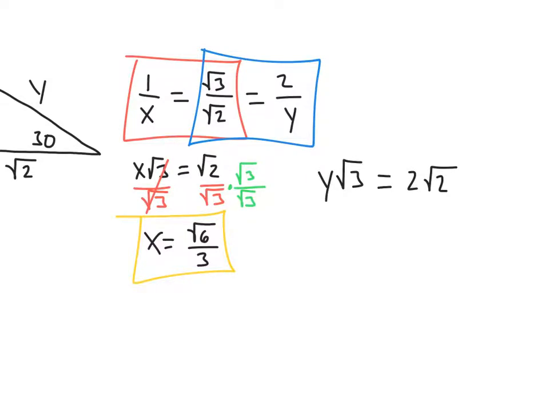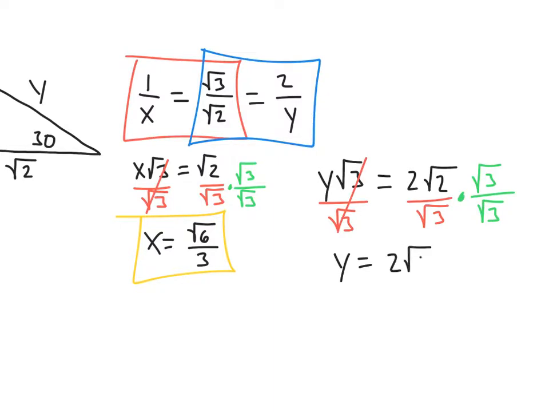And then again, I got to divide by the square root of 3. And I have to rationalize. So I'm multiplying by the square root of 3 over the square root of 3. And so on top I get 2 square root of 6 over 3. Which is exactly what we would get had we simply taken the short leg times 2. Okay?